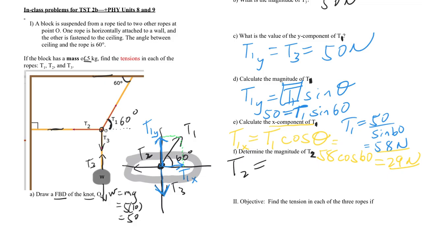So we can say that T2 is equal to T1x, which we just found, 29 newtons. Okay, so we just completed that problem.